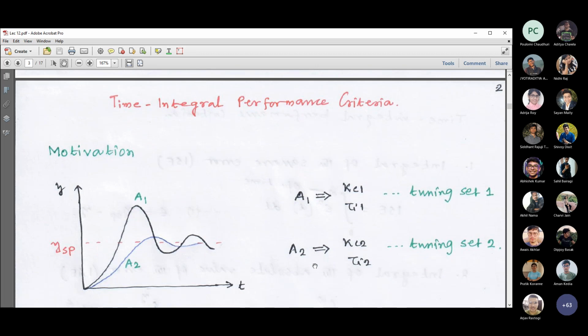Our next tuning method is time integral performance criteria.